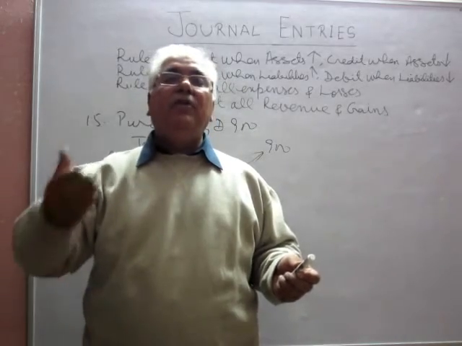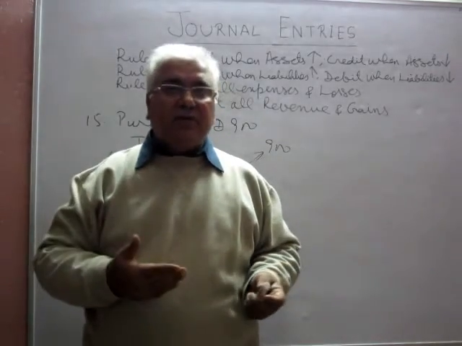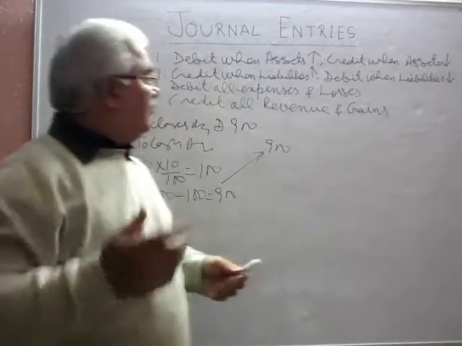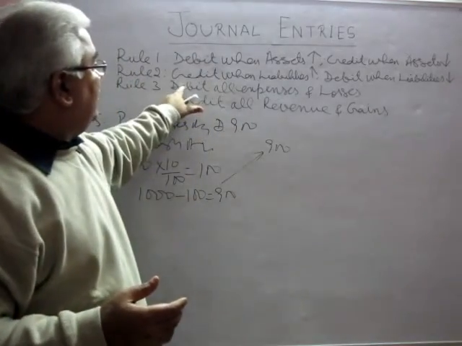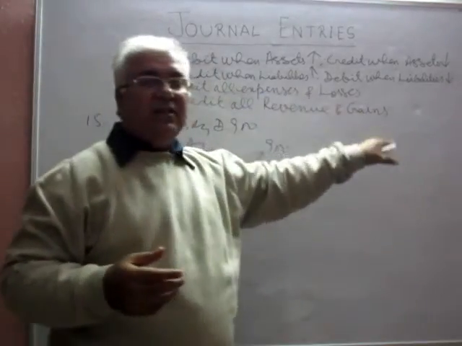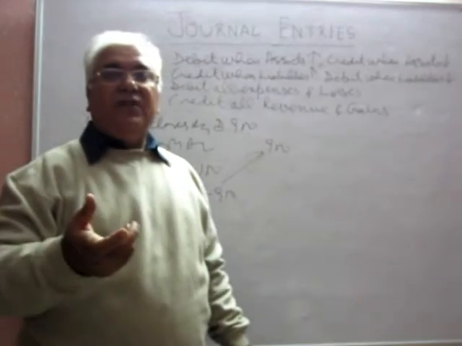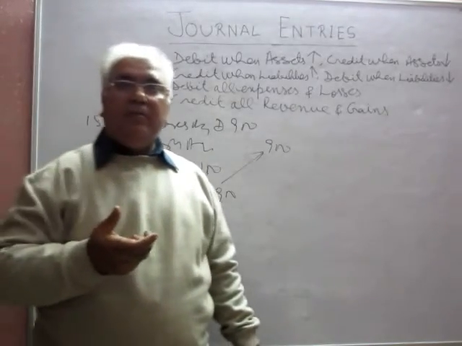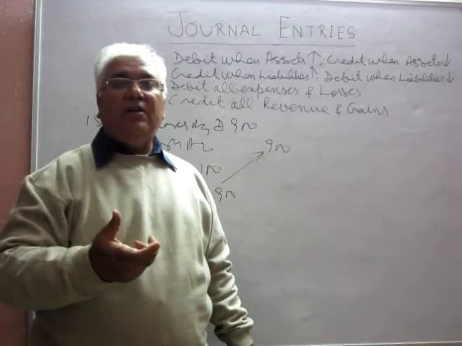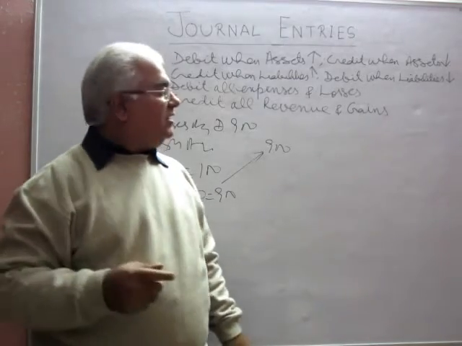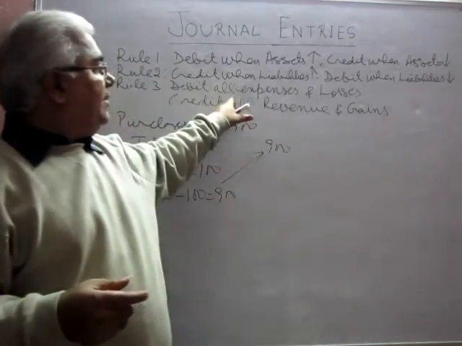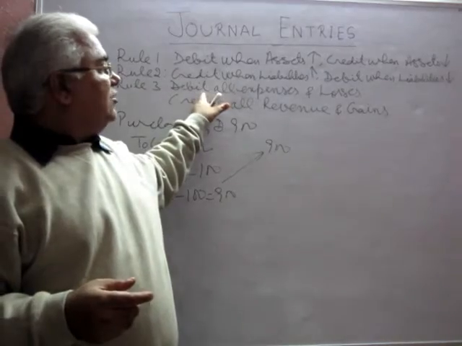Now we have to bring this loss into our books. So rule for this is all debit, all expenses and losses. And this kind of a loss where our debtors are not able to pay us, that loss is called bad debts. So in this case, bad debts will be debited. All expenses and losses are debited.